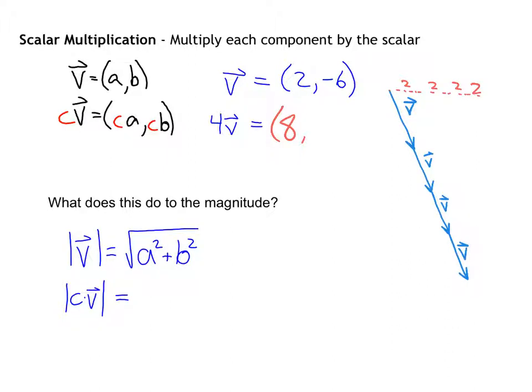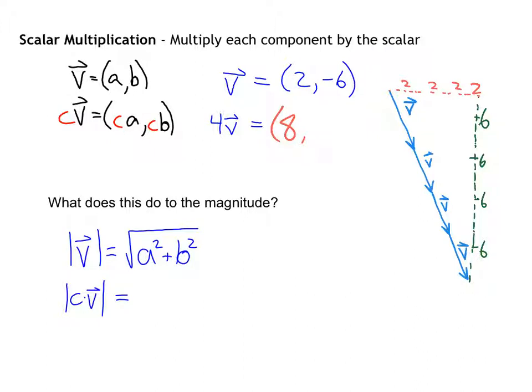And then if I look at the vertical components, I went down 6, and then down 6 more, and down 6 more, and down 6 more. So negative 6, negative 6, negative 6, negative 6.